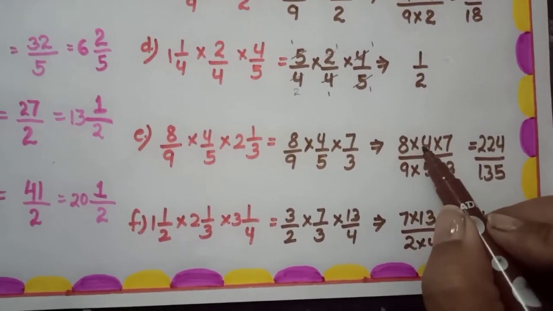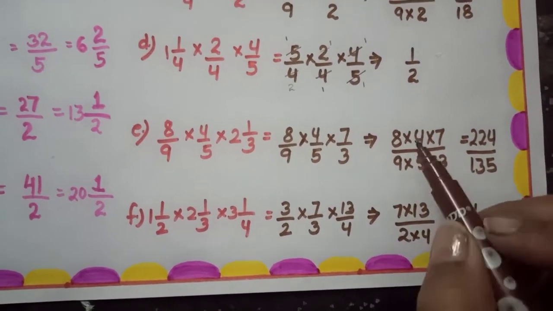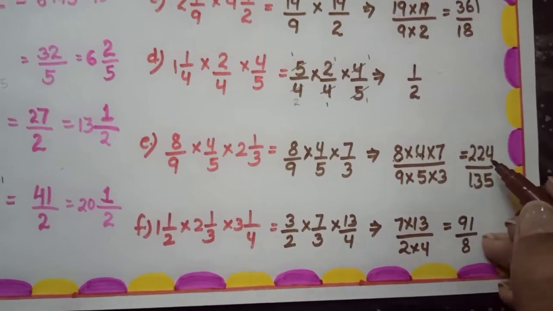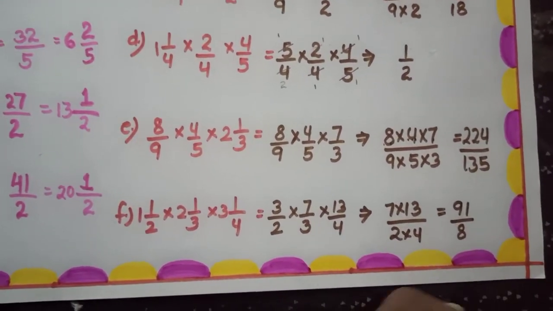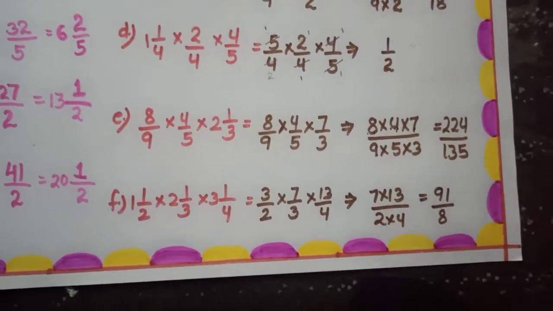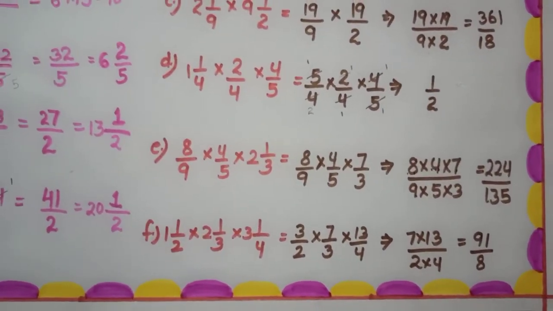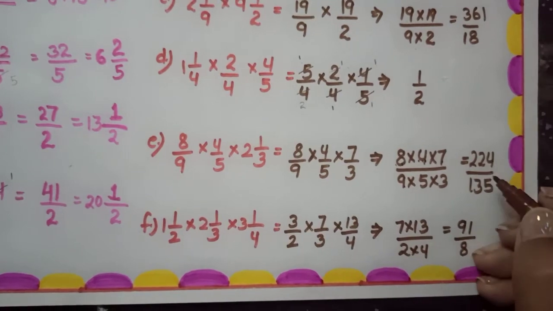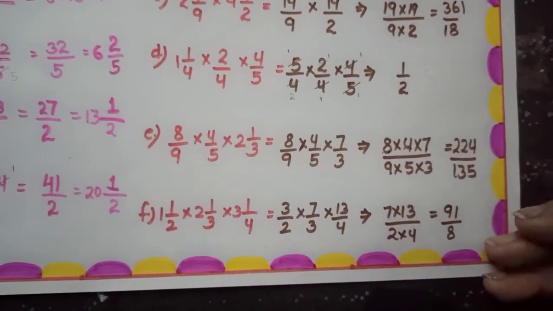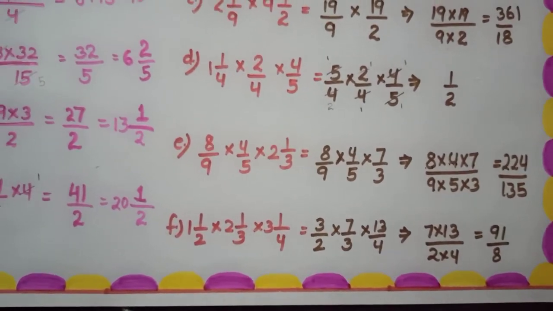We will directly multiply them. 8 4s are 8 into 4 into 7 will give us 224. Then 9 into 5 into 3 will give us 135. Now again here you yourself have to convert this improper fraction to a mixed fraction.